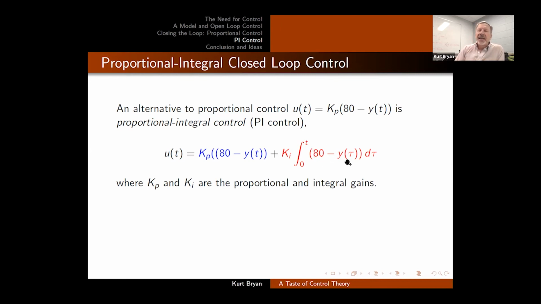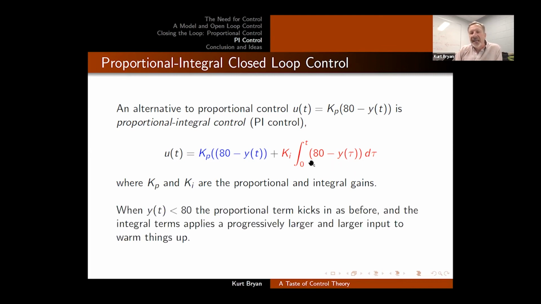Y of t is the current temperature over time, and what this does is it integrates any discrepancy in this. So if Y of t is running too low, the blue term, the proportional control, will come on and say, warm it up. But this integral control has an additional warming effect.